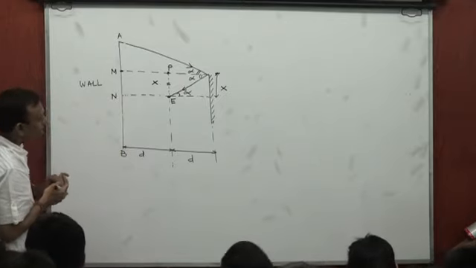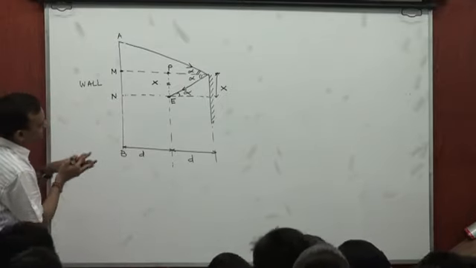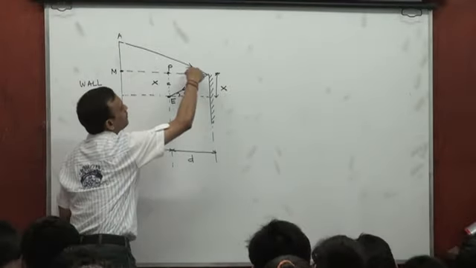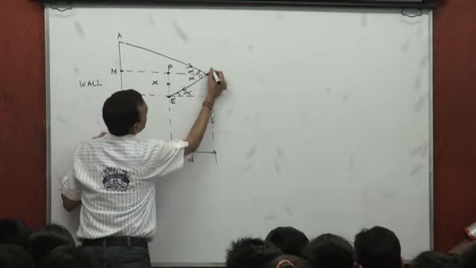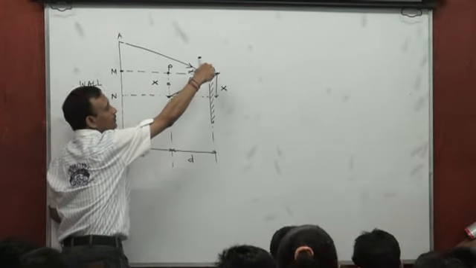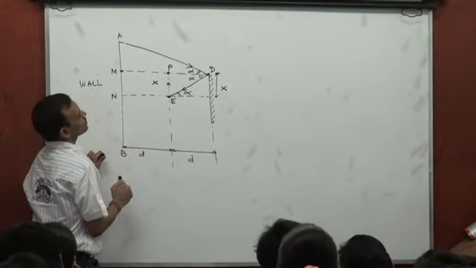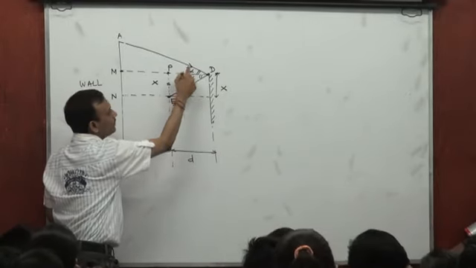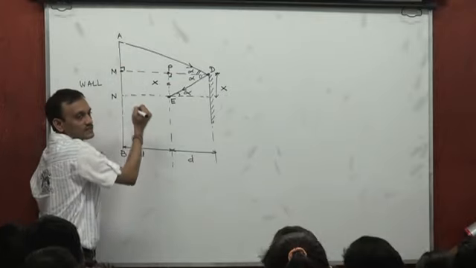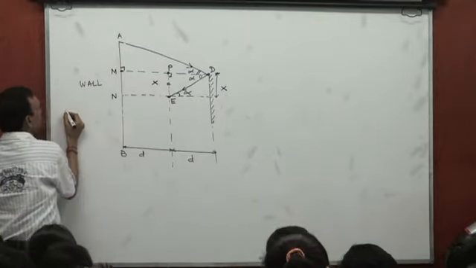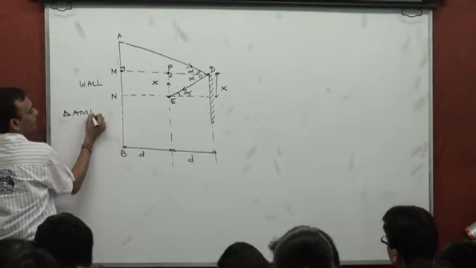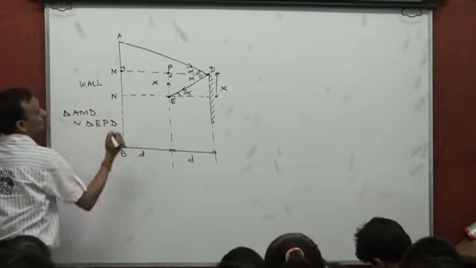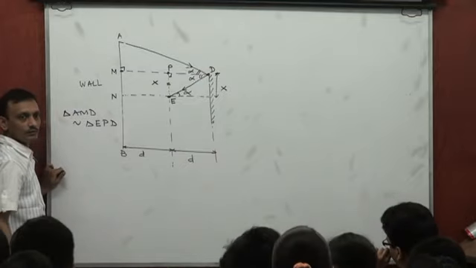But you realize that triangle AMD is similar to triangle EPD, because of angle alpha, alpha, 90 degrees, 90 degrees. All angles are equal, right?